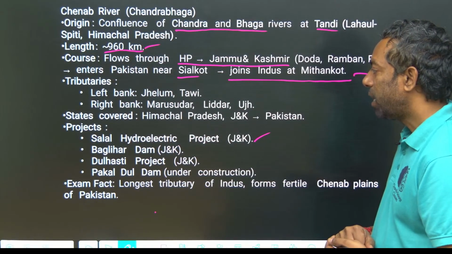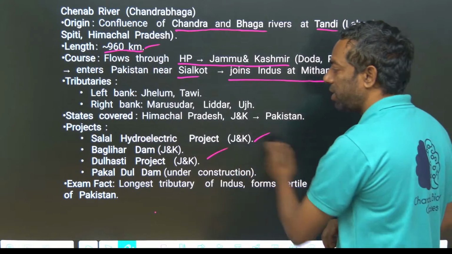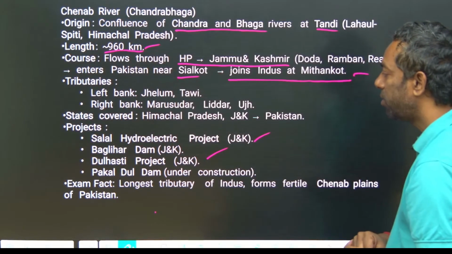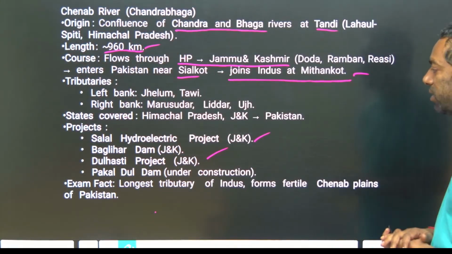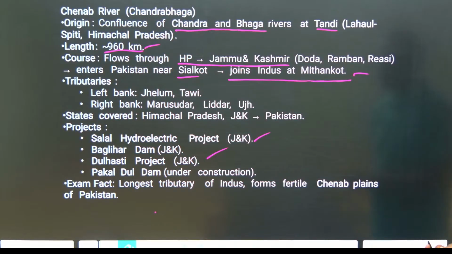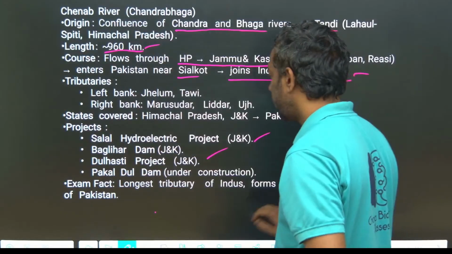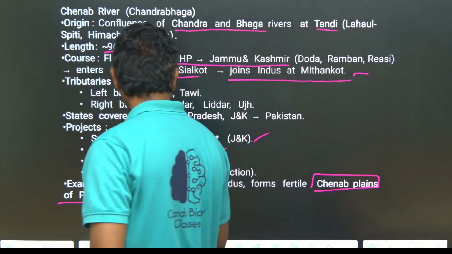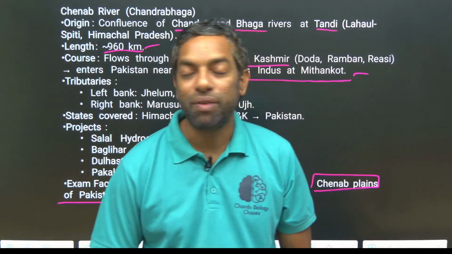Baglihar Dam and Dulhasti project are important. Pakal Dul Dam is under construction. Exam point: it is the longest tributary of Indus, from the fertile Chenab plains of Pakistan.